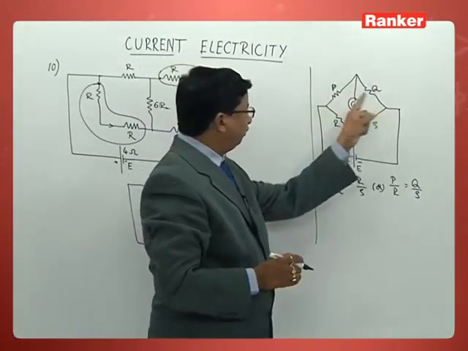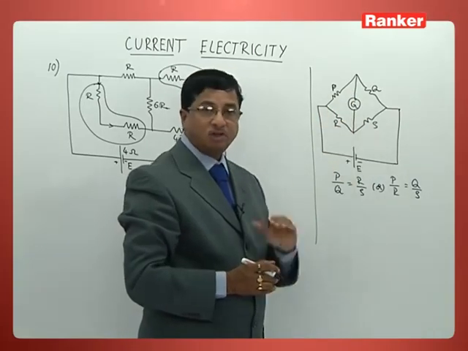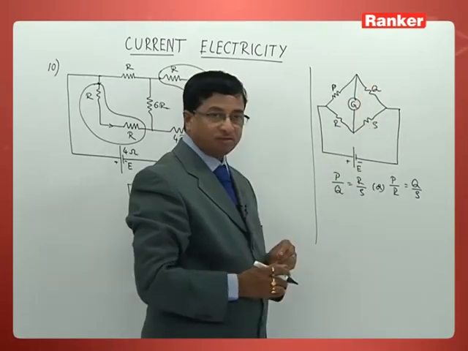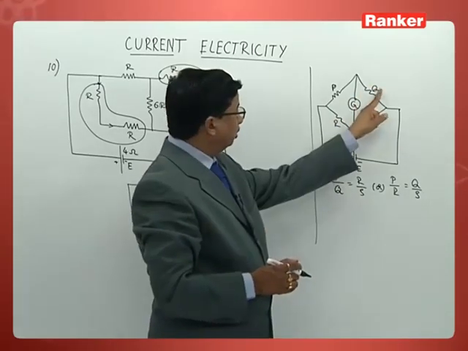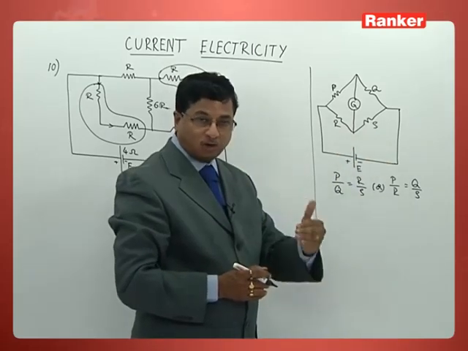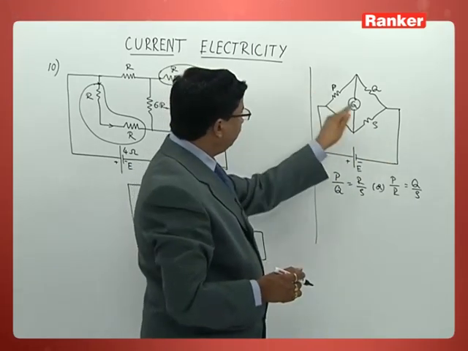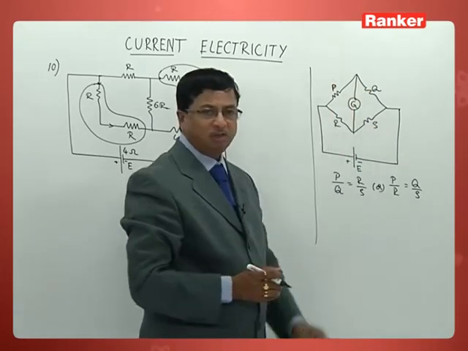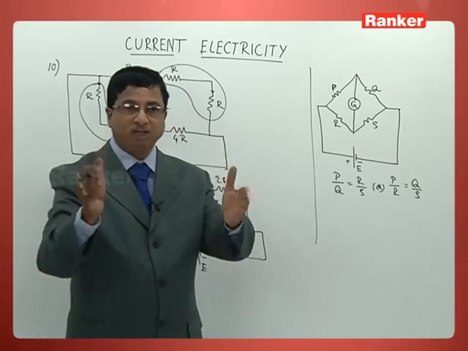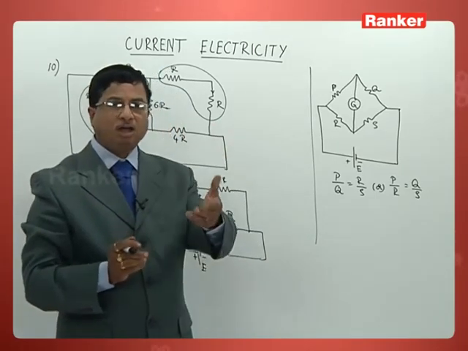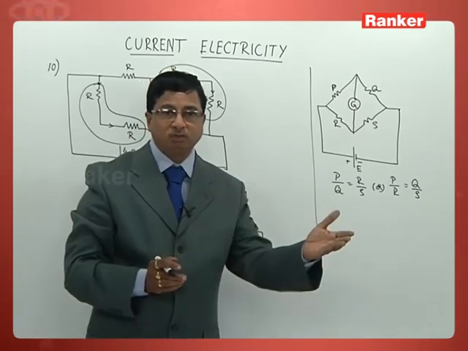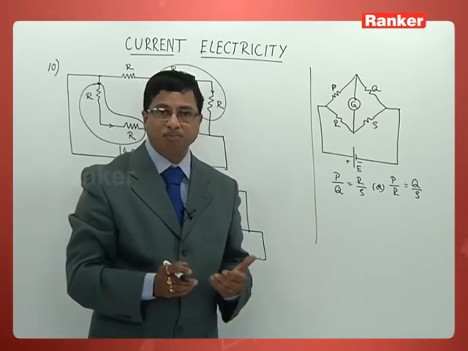P by Q is equal to R by S, or P by R is equal to Q by S, or Q by P is equal to S by R, or R by P is equal to S by Q. Whichever equation out of the four you want to take, you take. All are one and the same. There is no difference between any two equations, whatever I have just rendered.